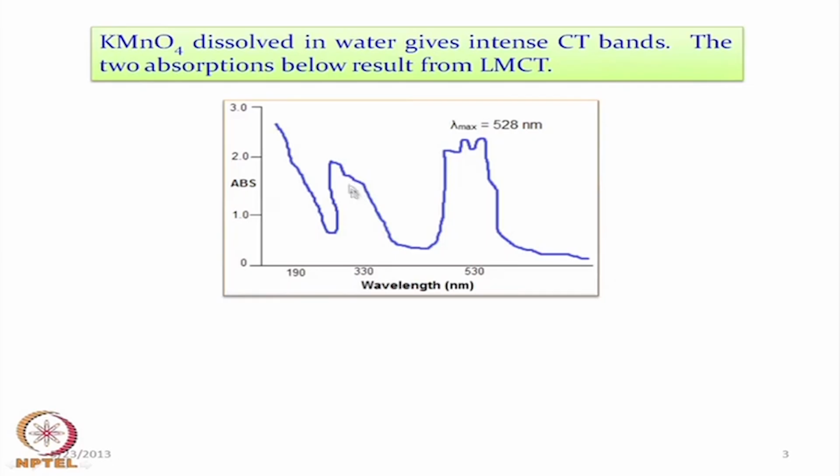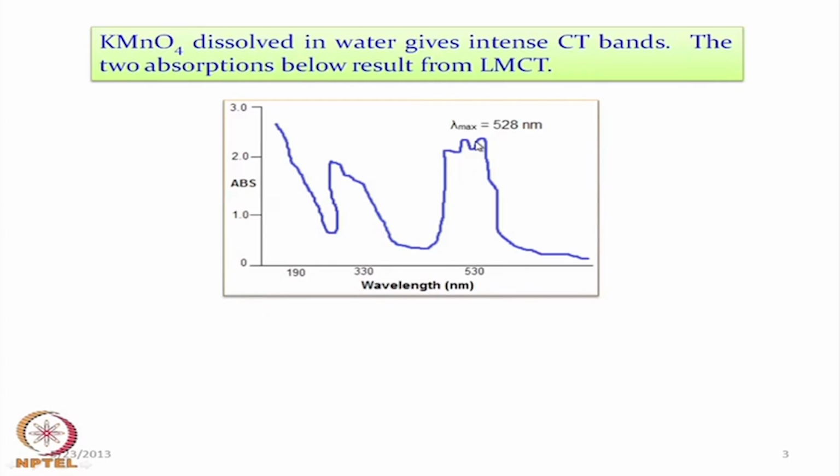and some other transitions are also there which are less intense, in the lower wavelength region, around or less than 320 nanometer or so. This intense charge transfer band, at a dilution of 10 to the power minus 5 molar, has an absorbance value of say 2.5 or so.